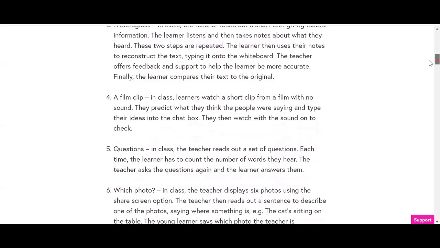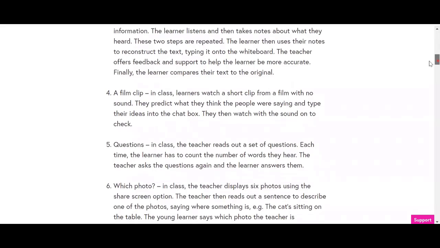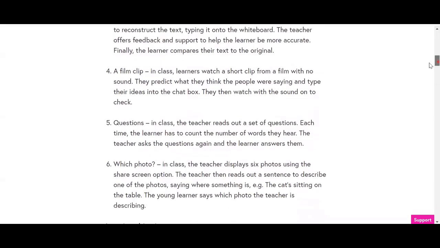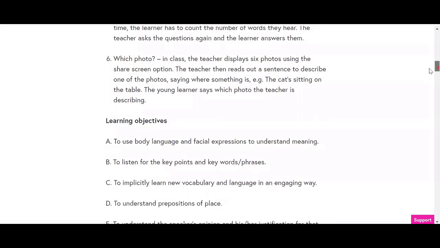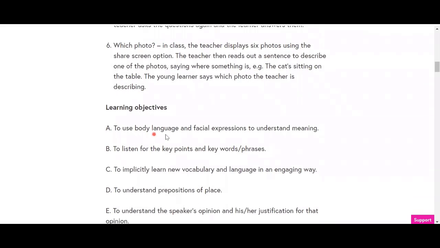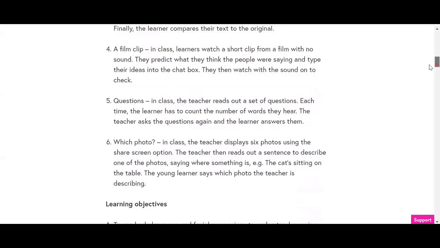So for this outline, film clip, the answer is letter A, to use body language and facial expression to understand the meaning, because they watch the movie, they see the body language of the actors or actresses and their facial expression, and they guess the meaning of that.